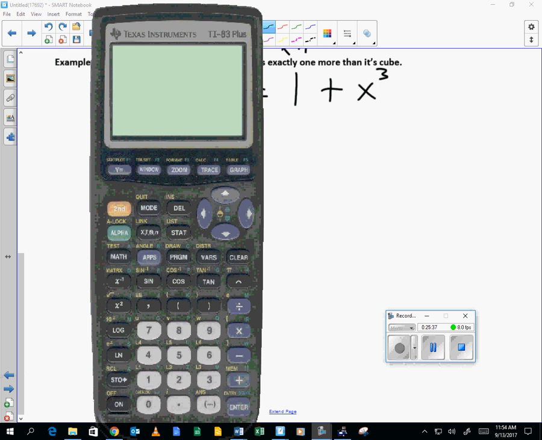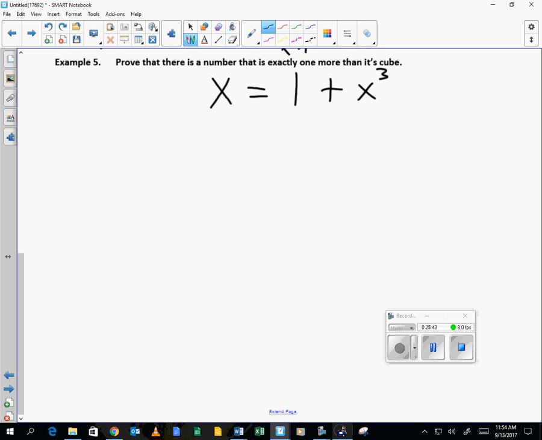So you can't think of a number, can you? It might be a fraction. We wonder what it is. Well, I'm going to show that there is a number. If I can show that that has a 0, then I've shown that there's a number that is 1 more than its cube. Right?